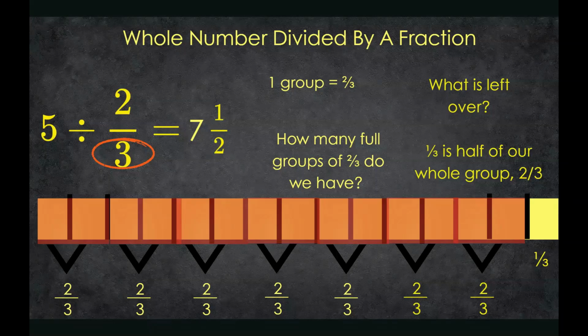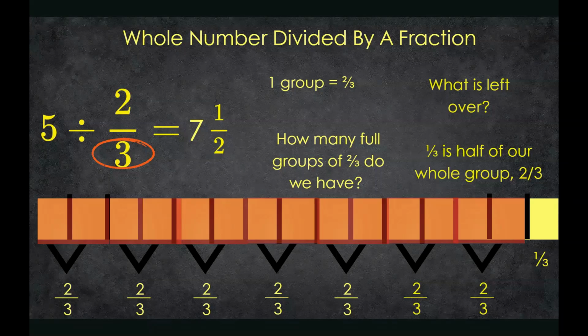So our answer is 7 1/2. It's not 7 1/3. Keep that in mind. The 1/3 we have left over is half of a group because in order to make one whole group, we needed 2 pieces. Since we have one left over, that's just half of a group. So our answer is 7 1/2.